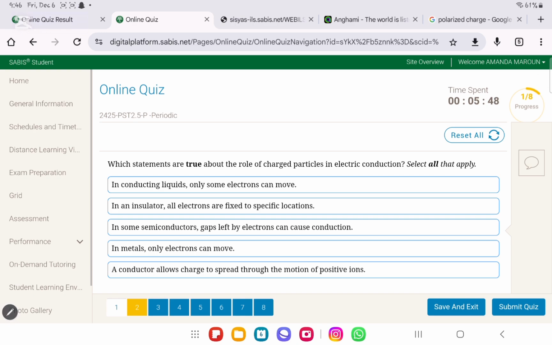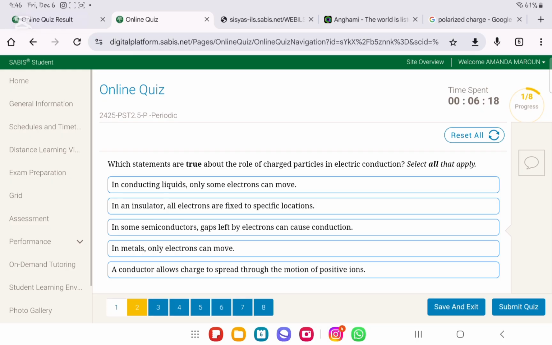Now we move on to the second question. Which statements are true about the role of charged particles in electric conduction? All we need to know about semiconductors is that when the electrons are being shared, they leave gaps behind, and these gaps cause the other electrons to move, which can cause a flow of electricity.